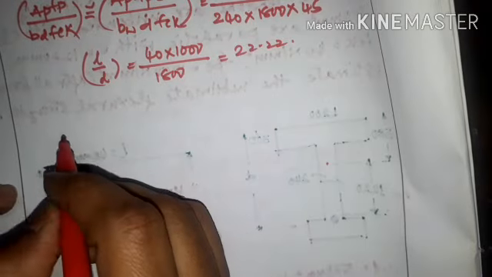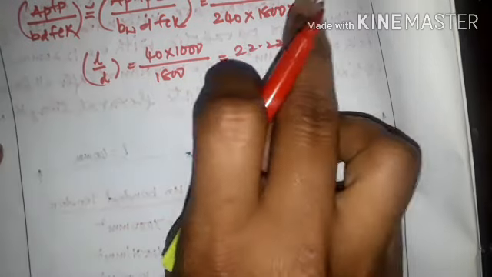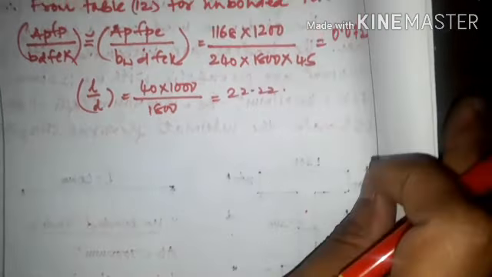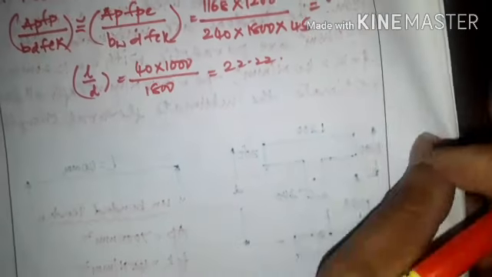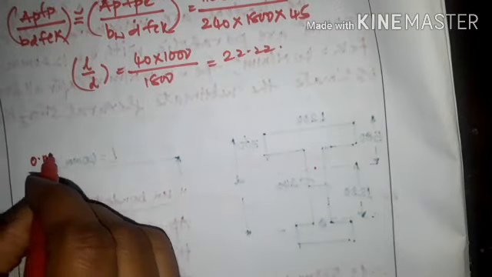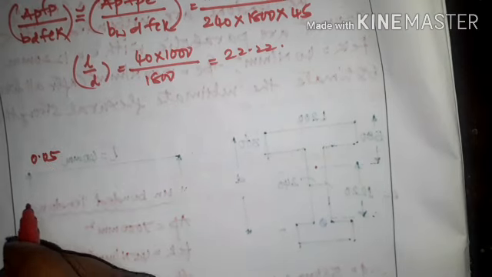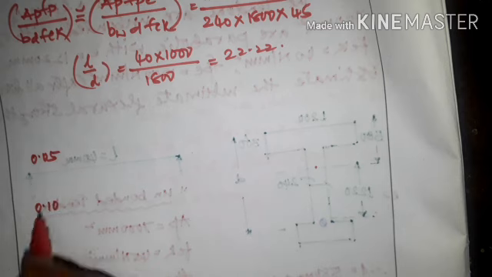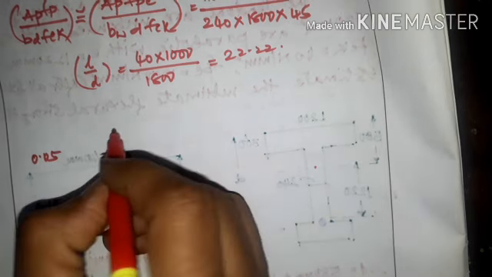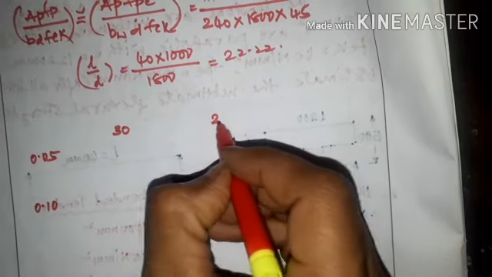So we have got this ratio. For this ratio we'll note down the values. For 0.05 and 0.10, and here we have the L by D ratio, that is 30 and 20.